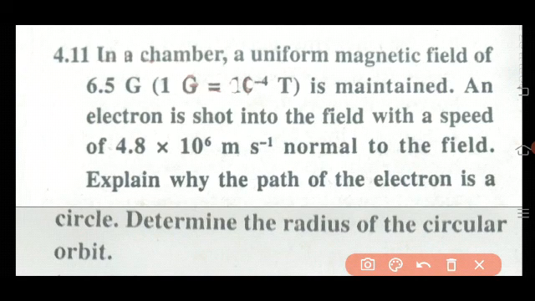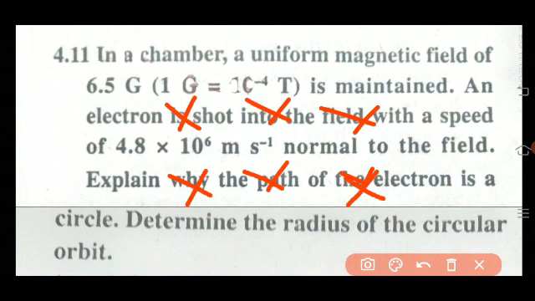Let us assume this is the magnetic field, which is into the paper, normal to your screen. Now the electron is shot normal to this magnetic field.